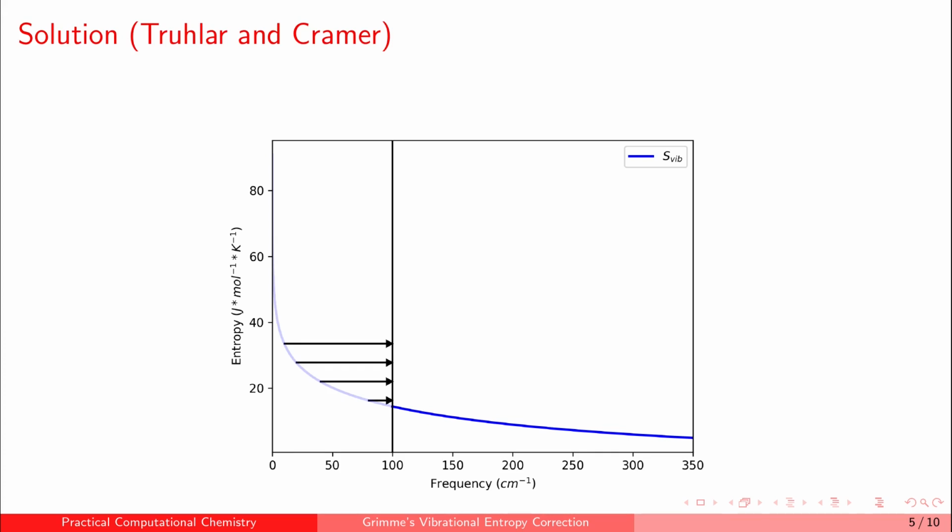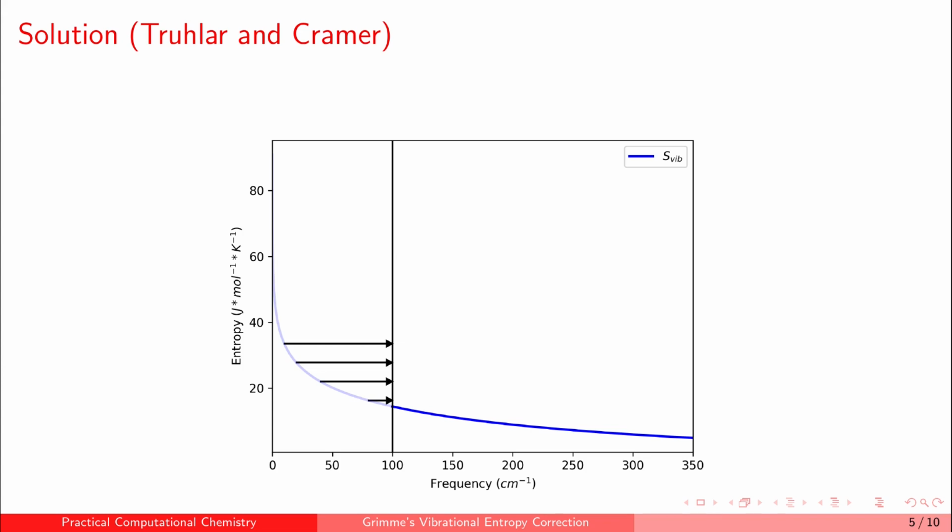The first solution was proposed by Truhlar and Grimme, which is quite straightforward. Since the low frequencies cause problems, let's just assume they're not so low. Let's just assume that everything below a certain threshold, say 100 inverse centimeters, is just calculated as 100 inverse centimeters.